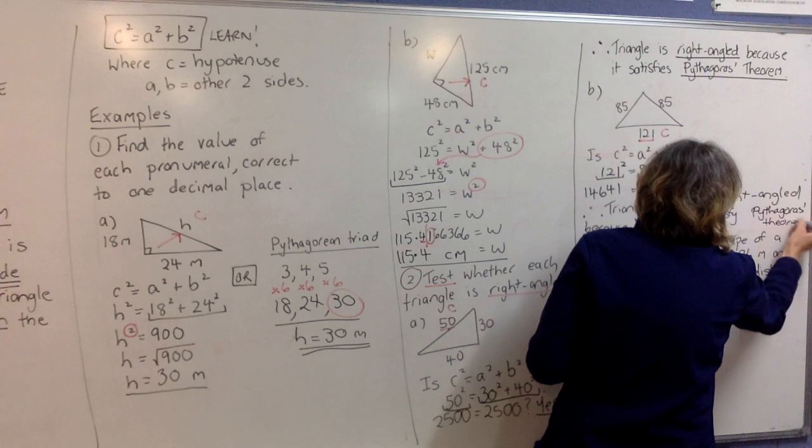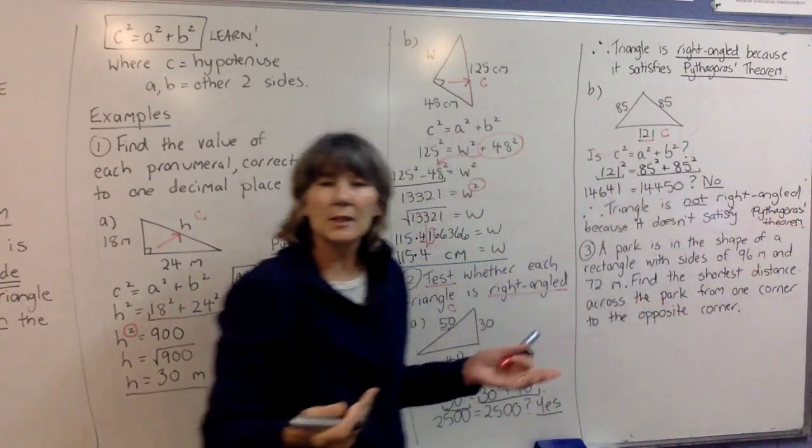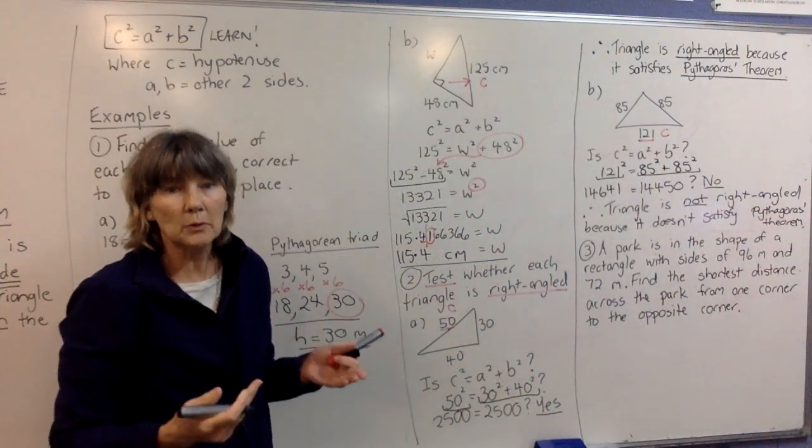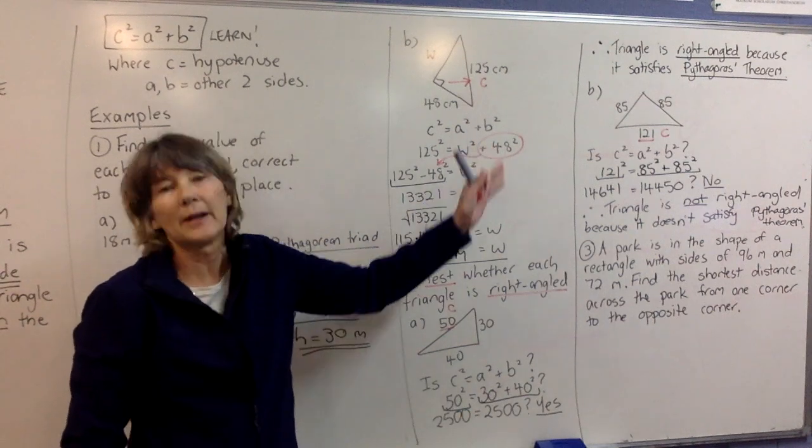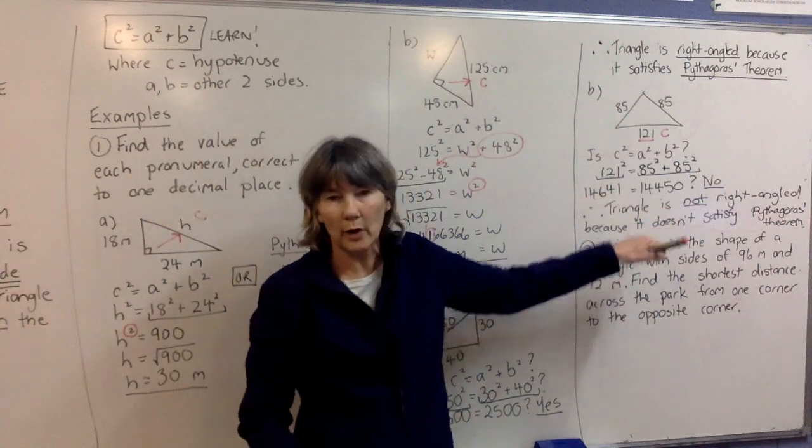Okay, so you just need to ask the question, is c squared equal to a squared plus b squared? If you get a yes, then it is right-angled. If you get a no, then it's not right-angled.